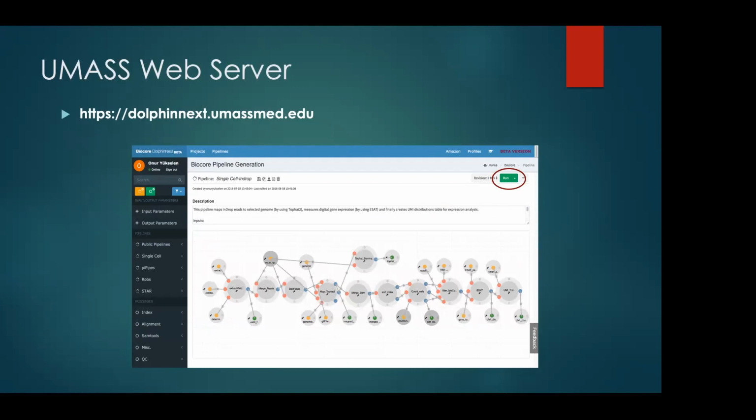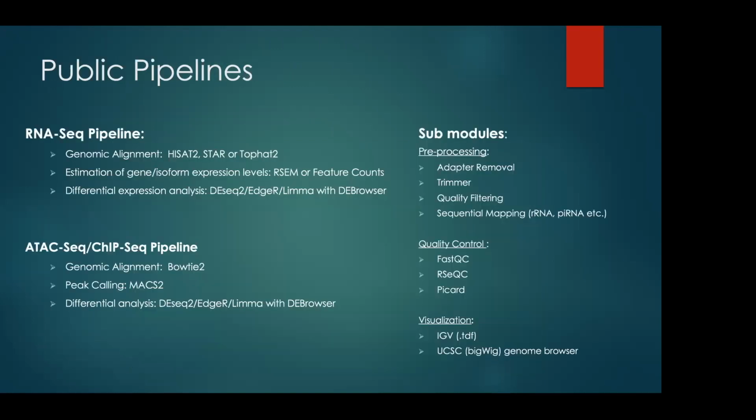And before going into details, I will show you how many publicly available pipelines we have. So basically, one of the most used pipelines is the RNA-seq pipeline. And inside this pipeline, we have multiple options for the genomic alignment.